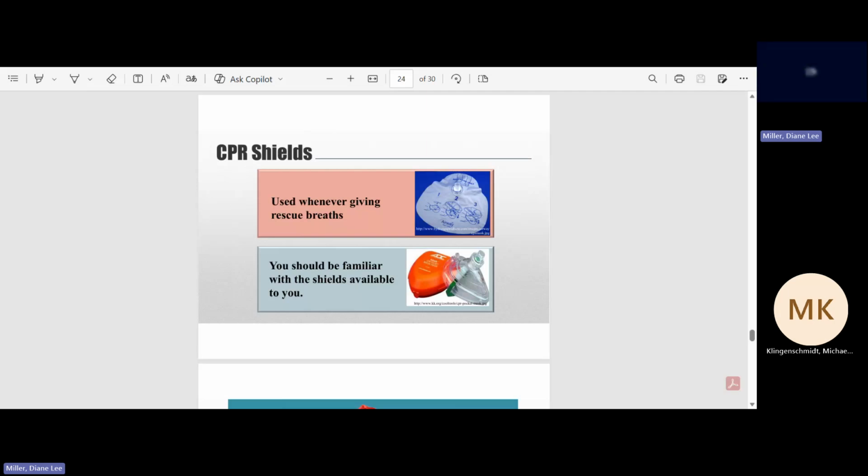If you do not have access to a full face mask, like in the picture below, I would recommend that you just do compression-only CPR or within your comfort level. But really doing the mouth-to-mask, or if you have access to a bag valve mask, those are ideal compared to the regular face shields.